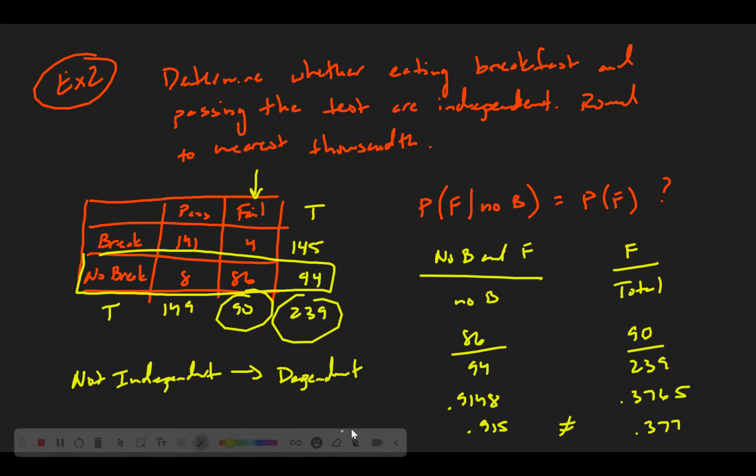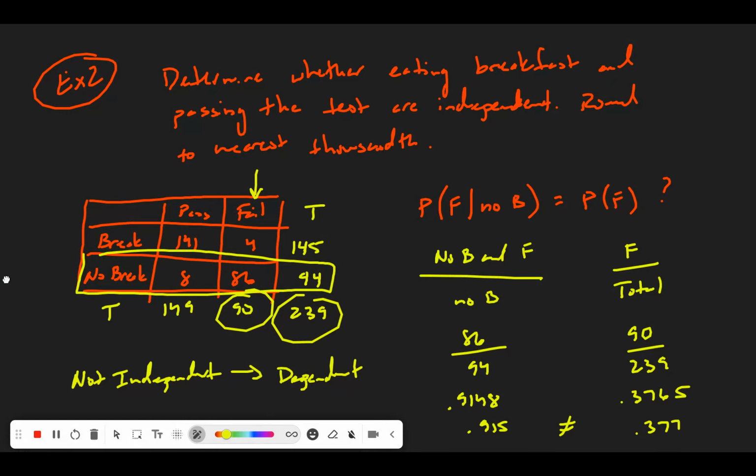So now if we take a look here, you can see that if you did not eat breakfast, you have a higher chance of failing than just anybody. So that's what this means. I'm going to write that down right here.